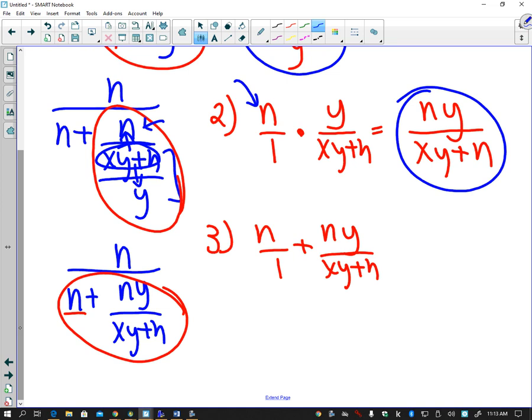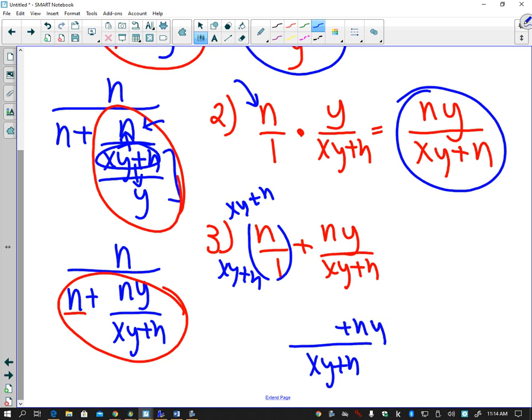xy plus n. This is probably the hardest step of them because there's the most to multiply. We have to distribute in this case. We already know our common denominator is going to be xy plus n, so I don't have to worry about that. We know we're going to have plus ny over here.